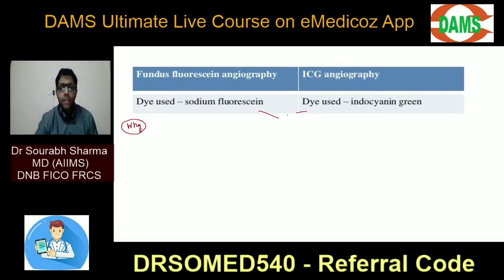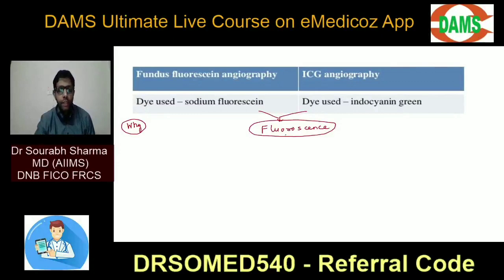There are many dyes. Why only these two dyes are used? Because these two dyes have a property known as fluorescence, a very important property on which angiography is based. What is this fluorescence property?